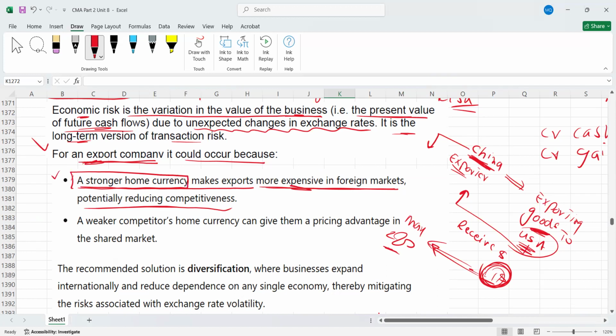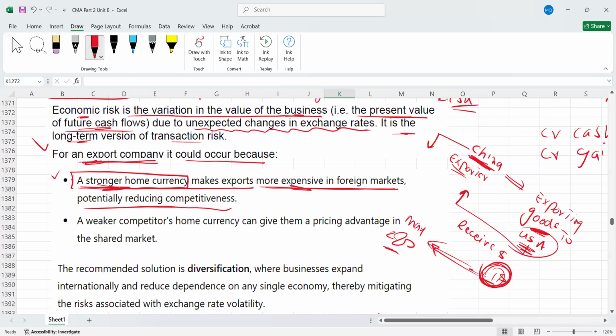Understood? And obviously, if you have competitors, there might be competitors from other countries, like Japan, also selling goods in USA. China is also selling goods in the USA. So if Chinese currency becomes stronger, Chinese products will become expensive in the US market, and this will give the benefit to the competitors, right or wrong?